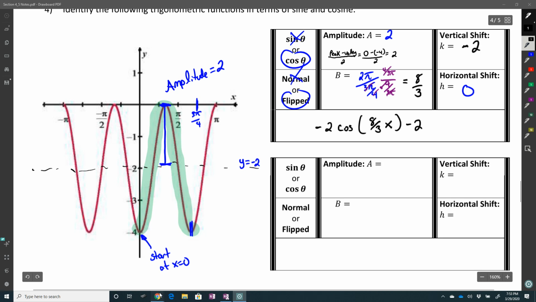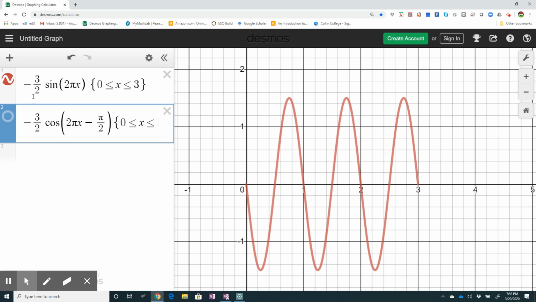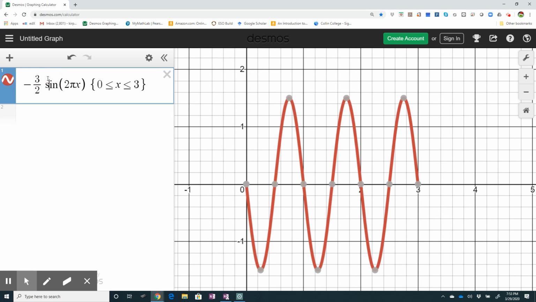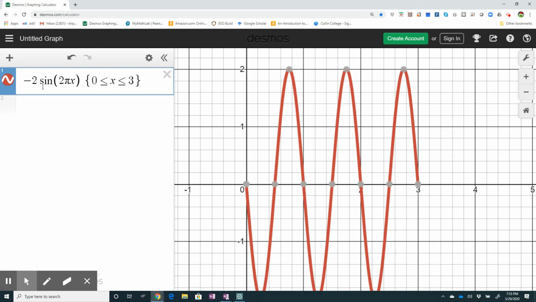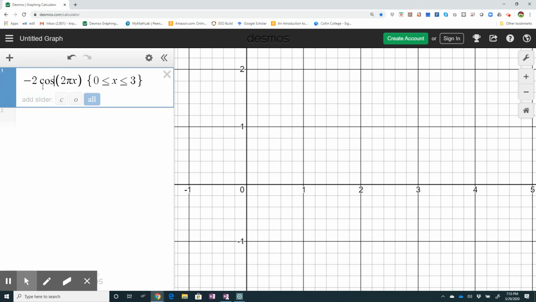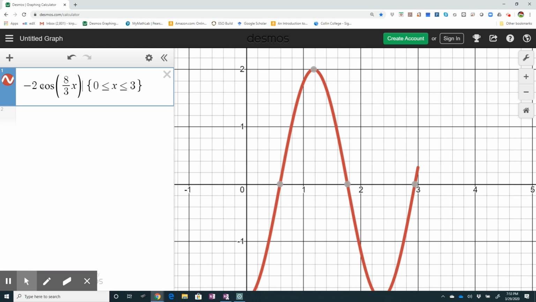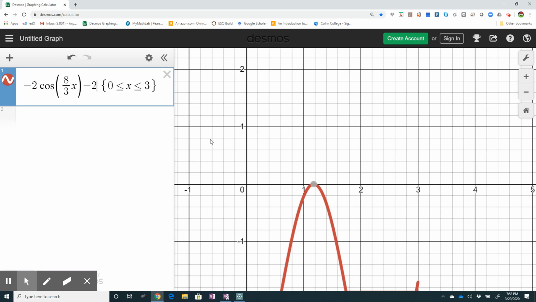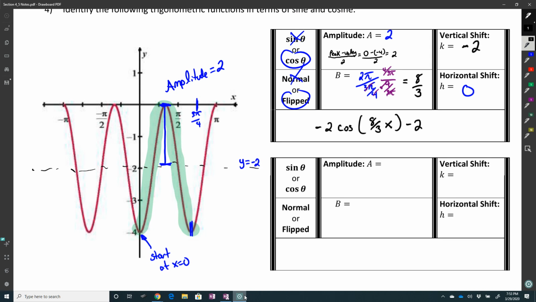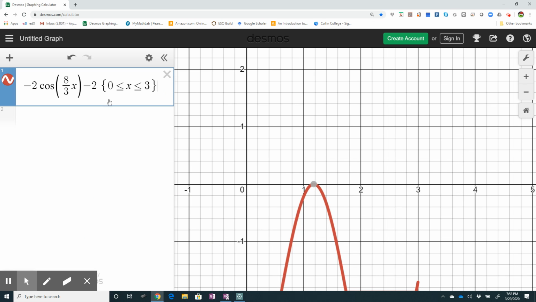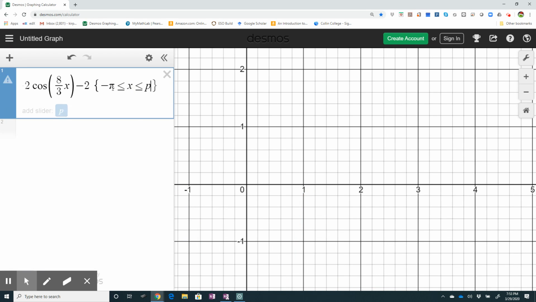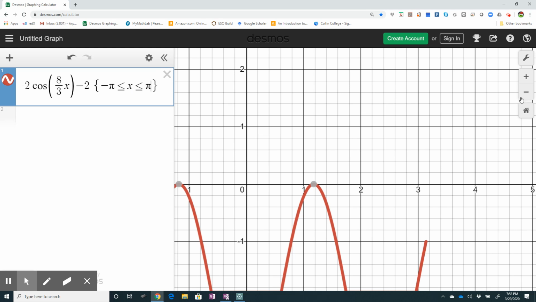So I'm going to go back to Desmos, so let's type it in. -2 cosine 8/3 x -2. And this graph is going from -pi to pi. Let me turn on my tick marks.